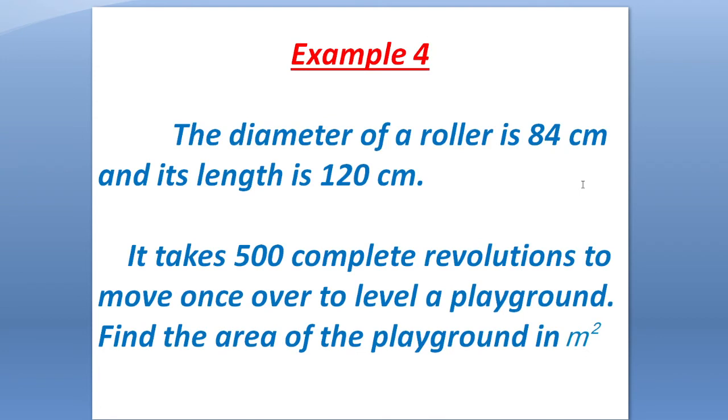Now next example, the diameter of a roller is 84 centimeter and length is 120 centimeter. It takes 500 complete revolutions to move once over to level a playground. Find the area of the playground in meters square.